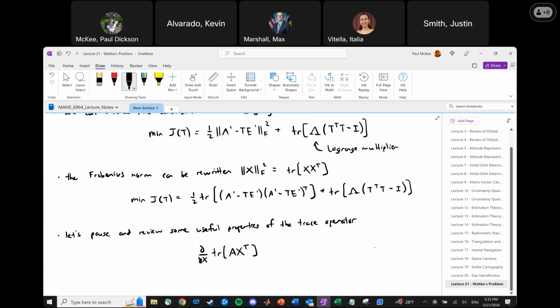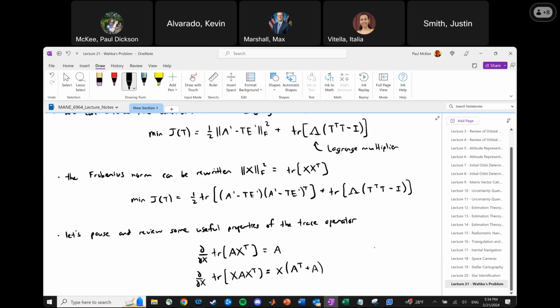Take the derivative with respect to X. That's just A. Now, if you take the derivative with respect to X of the trace of X A X transpose, that is X times A transpose plus A. It's similar to the derivative of AX being just A, and the derivative of AX squared being 2AX.